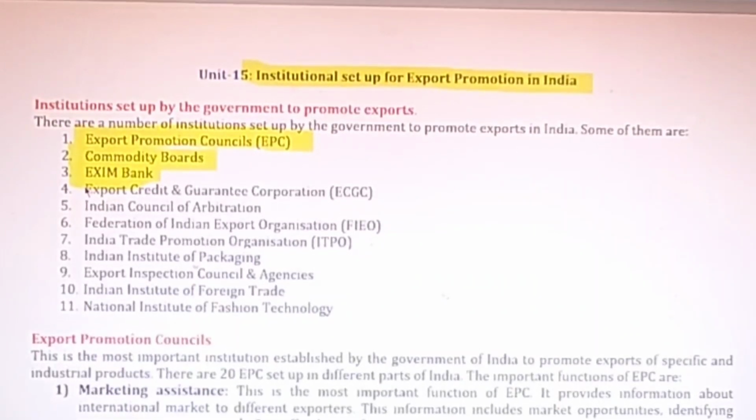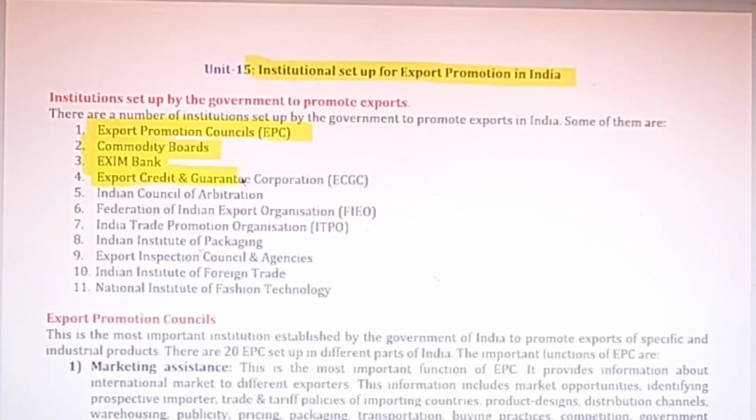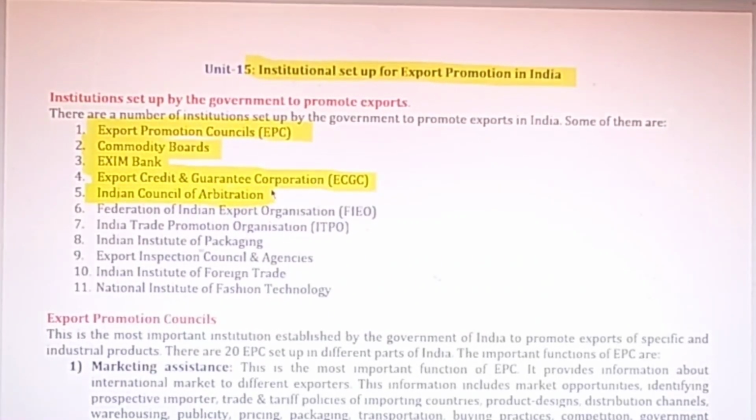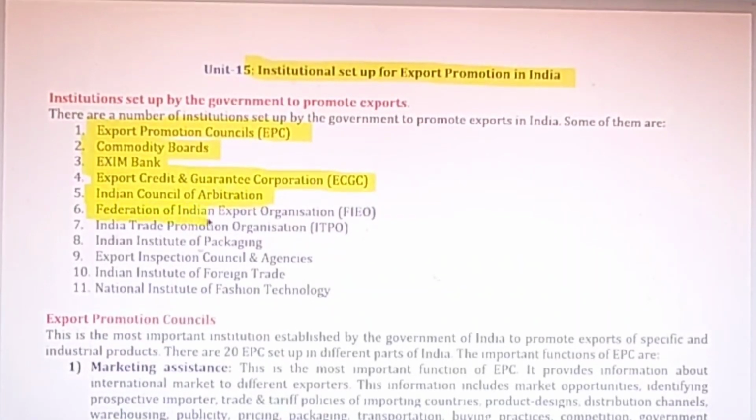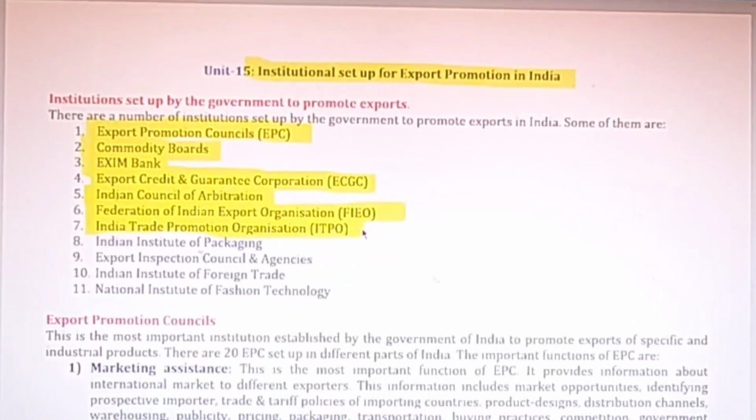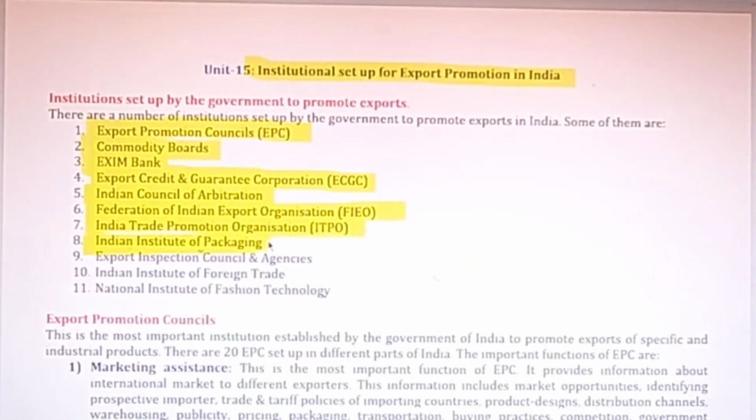Then we have ECGC, that is Export Credit and Guarantee Corporation. Indian Council of Arbitration, which generally helps to settle disputes, and the Federation of Indian Export Organisations, that is FIEO. Indian Trade Promotion Organisation, ITPO. Indian Institute of Packaging, which looks after the packaging of the cargo.